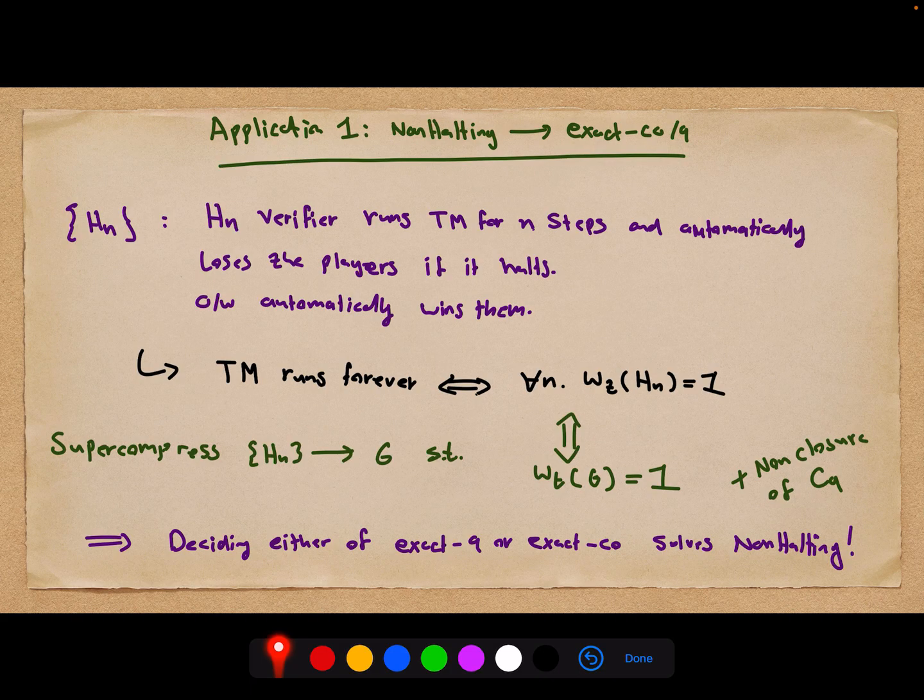But we know from the guarantees of the supercompression result that this game, even though it has a quantum value 1, no individual finite dimensional strategy will be able to win it perfectly, even though the supremum does. Therefore, the set of quantum correlations is not closed, as an immediate consequence of our supercompression theorem.